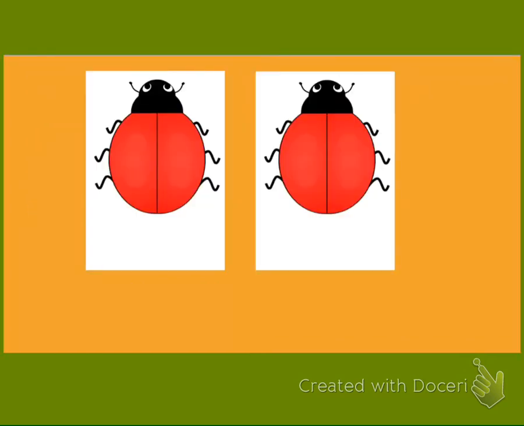Right, let's look at the beetles on the screen. And now I want us to double the following number. Let us double the number 8. So we say 8 and then we put another 8 on the other side.